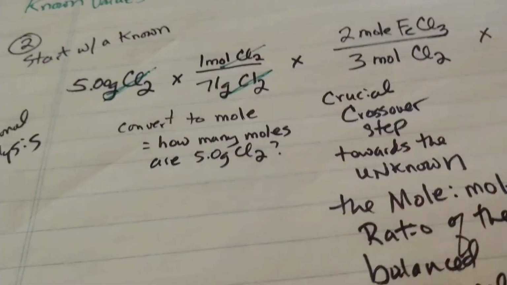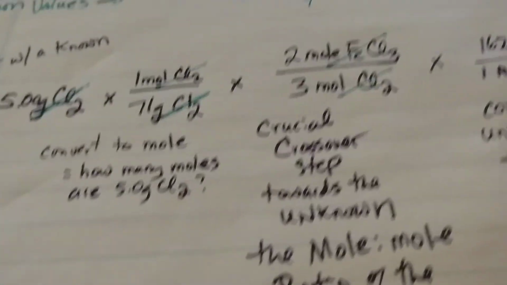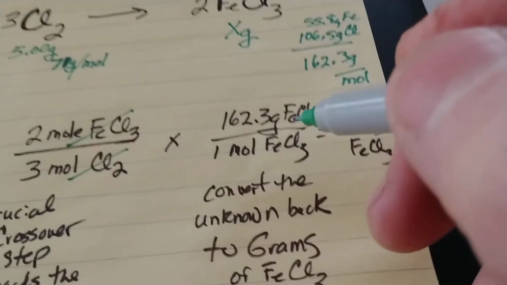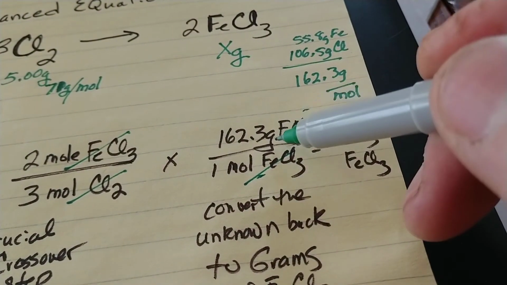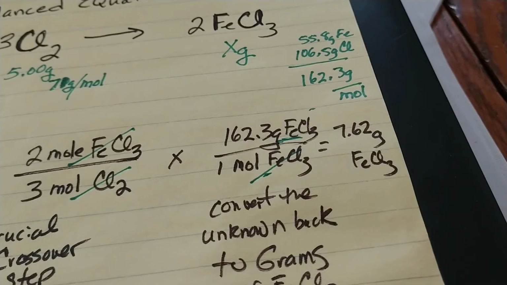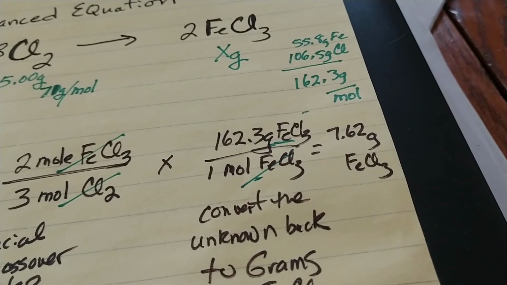Then I cancel off the moles of chlorine. I can cancel off the moles of iron(III) chloride, which is right here. And I am left with a unit of grams, which is my final answer: 7.62 grams of iron(III) chloride.